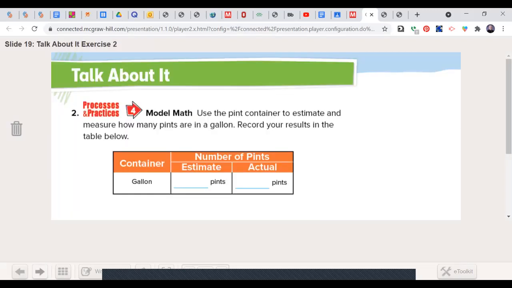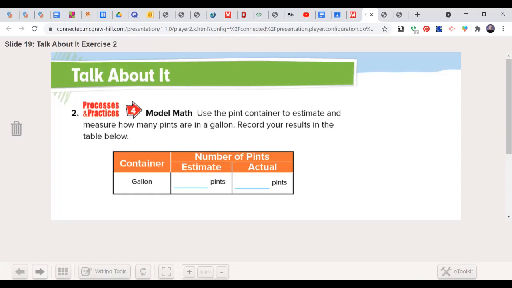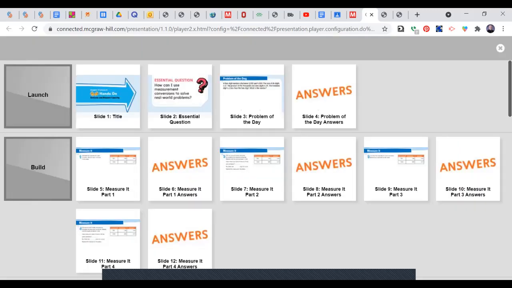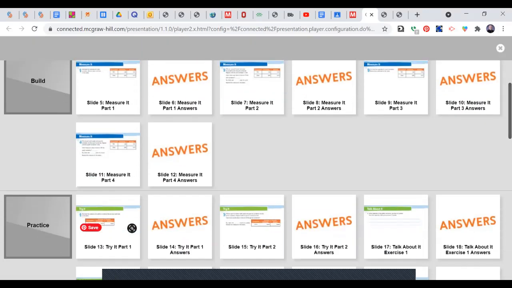Use the pint container to estimate and measure how many pints are in a gallon. If you remember your ratio, 2 pints equal a quart, 4 quarts equal a gallon. 2 times 4 is 8. Let's write those numbers in, and we're going to move into some practice here.